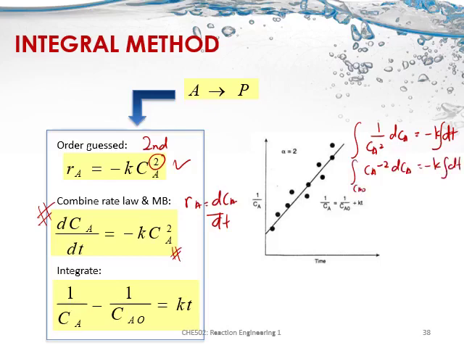Integration again from CA naught to CA, as this is a batch system. Alright, so what is the integration of CA to the power of negative 2? For integration, you need to add 1 to the power. So negative 2 plus 1 will be negative 1. Then you need to multiply by the negative. So what you have is negative CA to the power of negative 1.